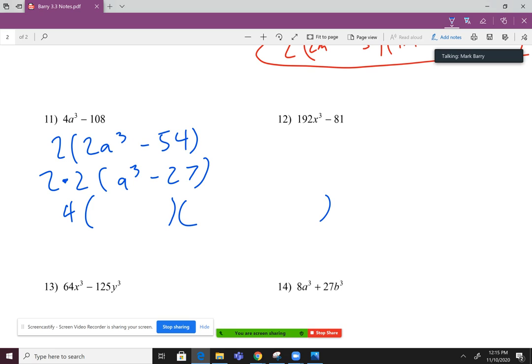This will break down in perfect cubes. Now in this case, there's no number attached to the variable. That's okay. That just means I'm gonna put an a there. Just a. 27 is gonna turn into 3.